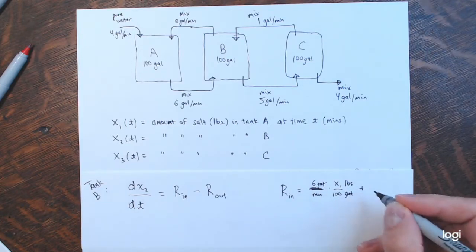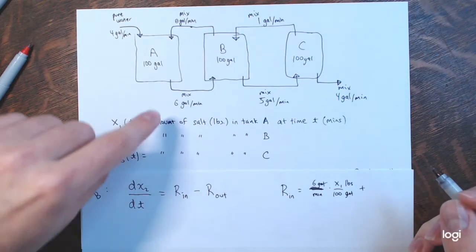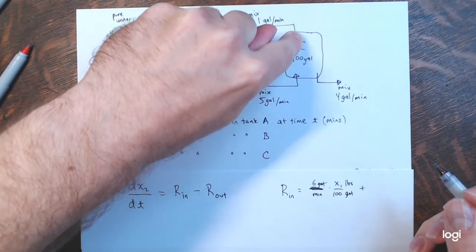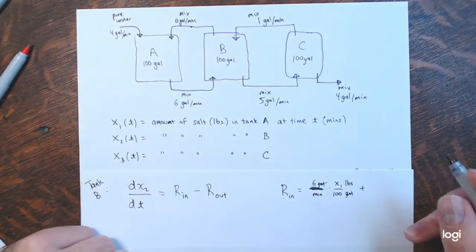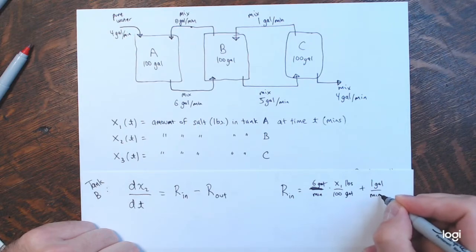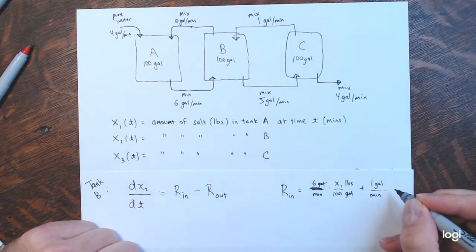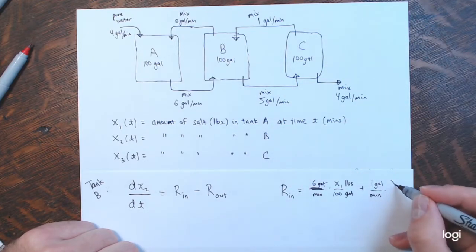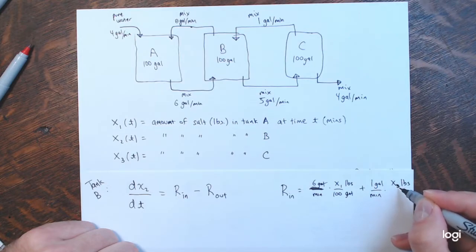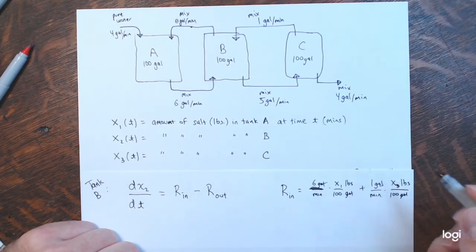But on top of that, not only is that coming in, but also this mixture from tank C is pumping into tank B at 1 gallon per minute. And I need to multiply that by the concentration of salt in tank C. So that's x3 pounds of salt. Remember, the amount of salt in tank C at any time is x3 divided by its 100 gallons. So gallons are canceling there.